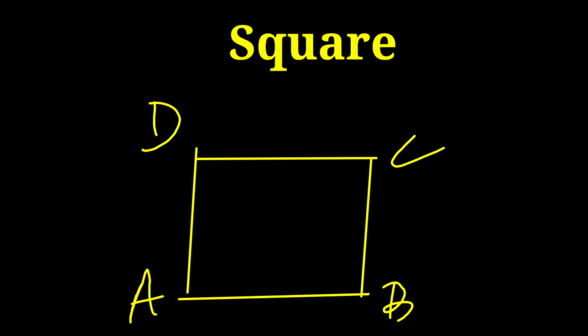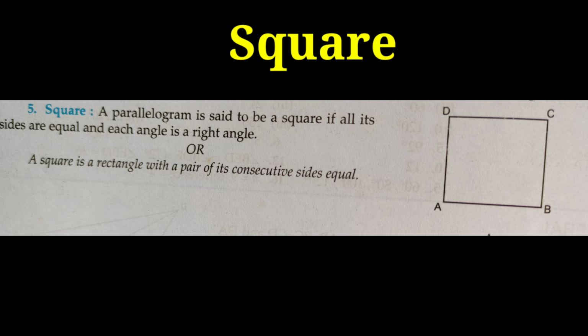In my previous video I told you how to find the area of a rectangle as well as the area of a square, how to find the perimeter of a square, and also the perimeter of a rectangle. All these things are done already. If you don't know, then you can see my earlier video to enrich your knowledge.